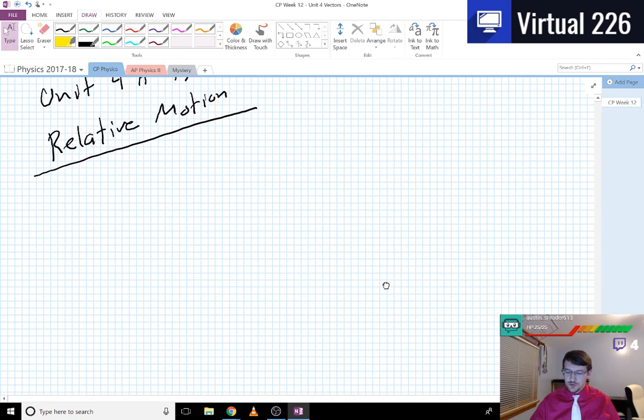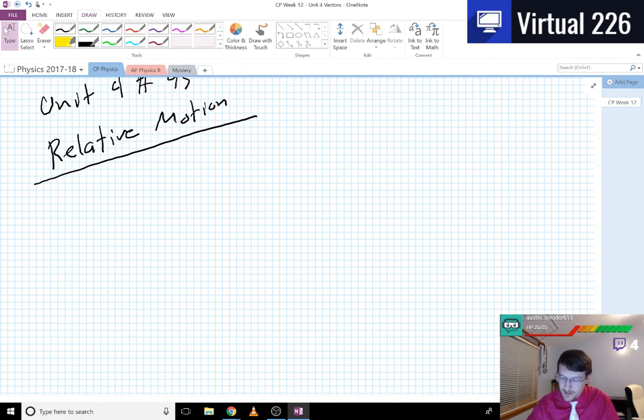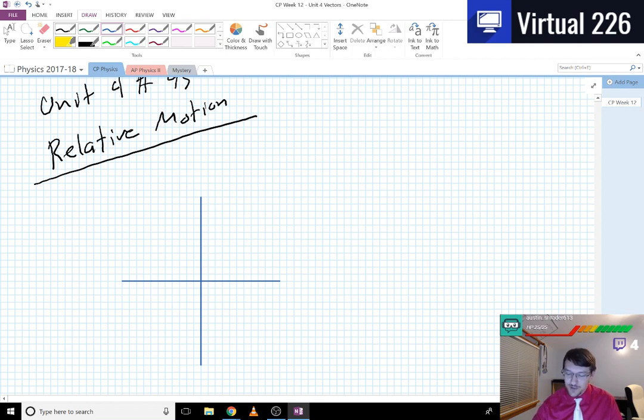Okay, so basically here, what we're looking at is this. We have our axis system. And remember, north, south, east, west. And what the pilot wants to do here, what our ultimate goal is, is to head directly north.